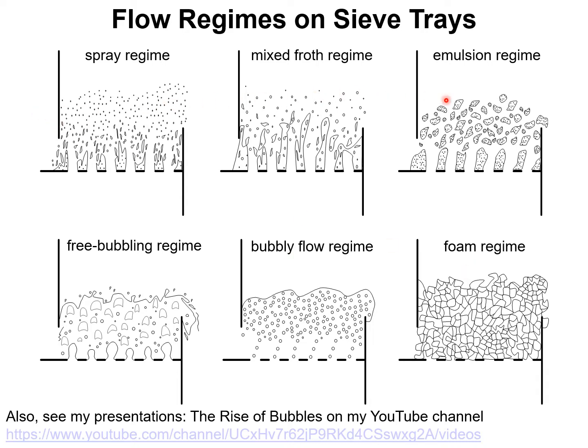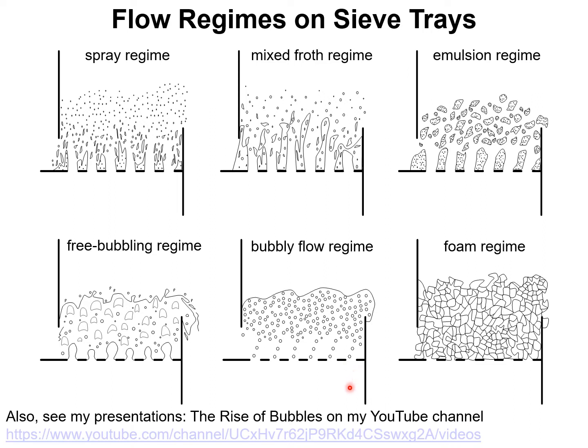Roughly speaking, these regimes are traversed with lowering of the vapor flow rate through the tray. So at very high vapor velocities, we have spray regimes, and at lower vapor velocities, we may be in the bubbly flow regime.